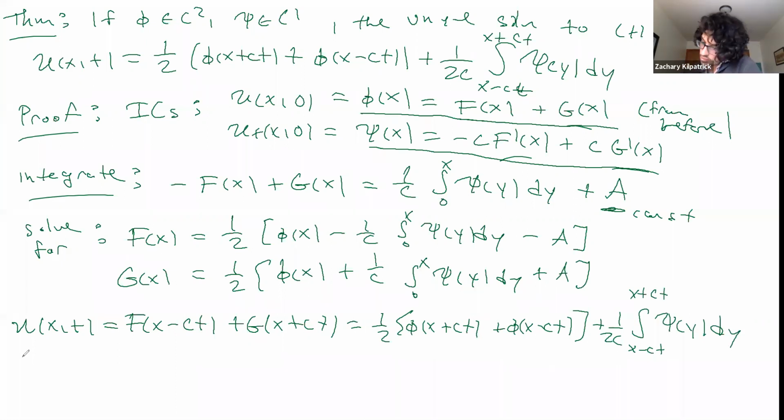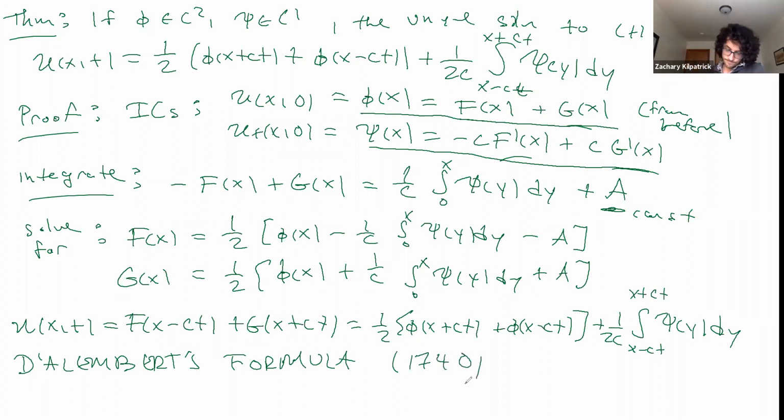This is what's called D'Alembert's formula, and it was derived in 1740.